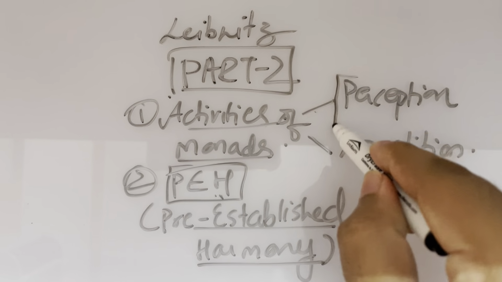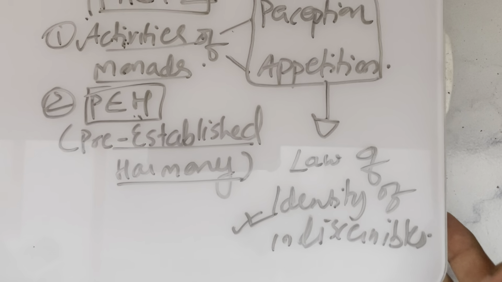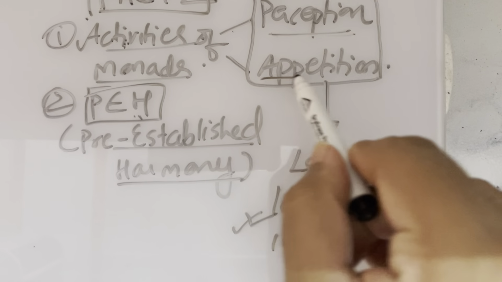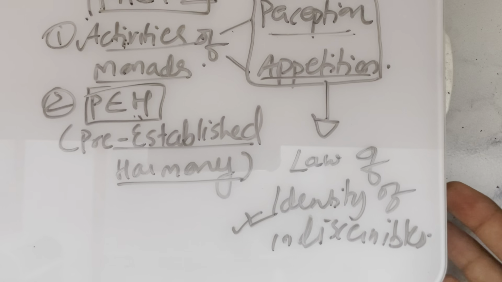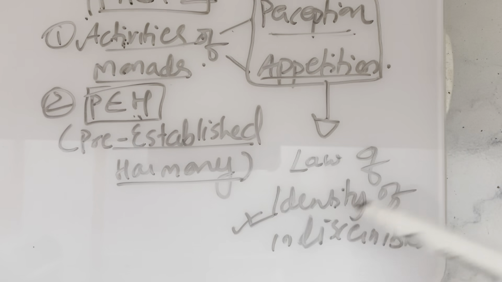We also have a small topic here, the law of identity of indiscernibles, which is a logical corollary of the concept of activities of monads, which is perception and appetition. So all in all, let us explore these topics.